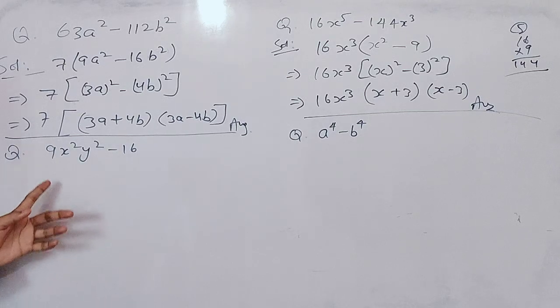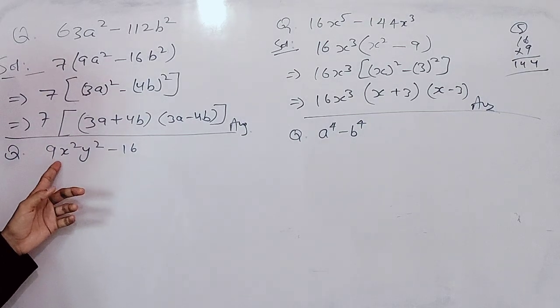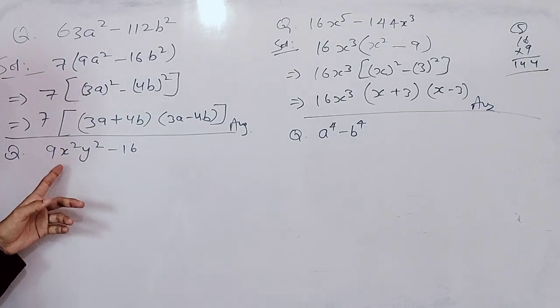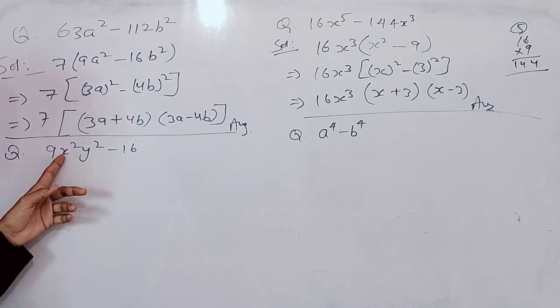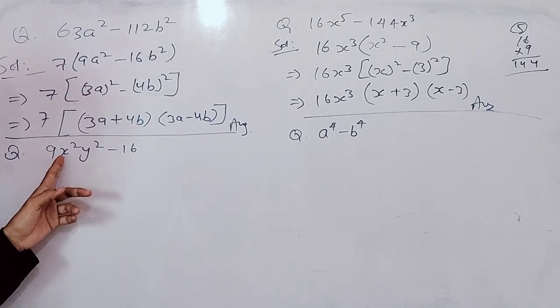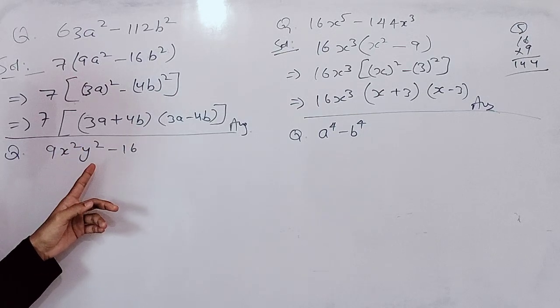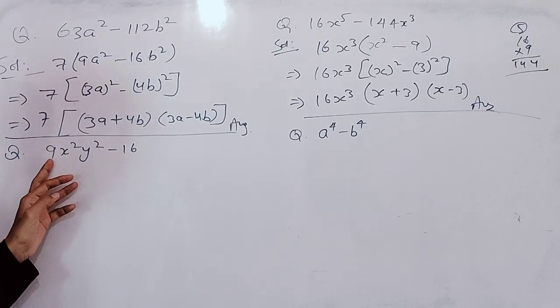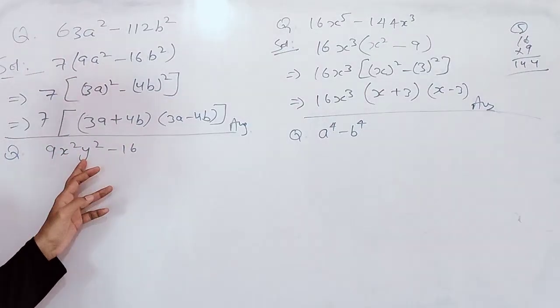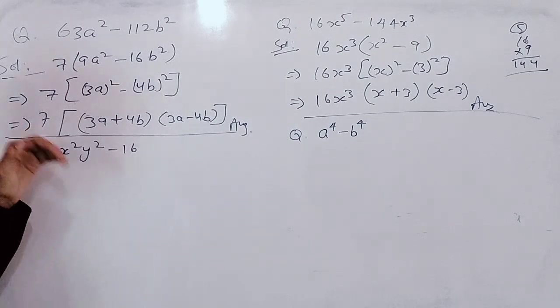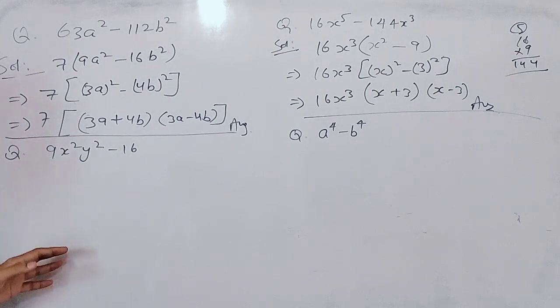Now in this case 3 times 3 is 9, and x times x, y times y. So 9x square y square is the perfect square of 3xy.